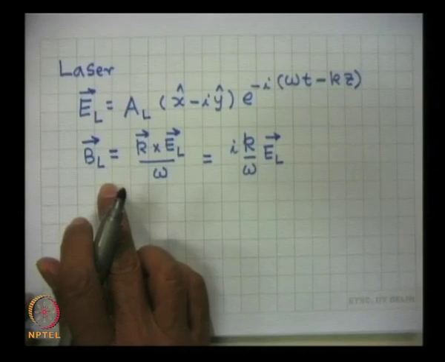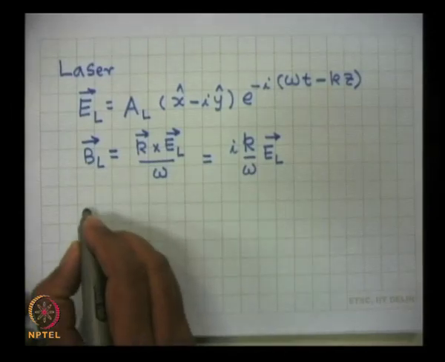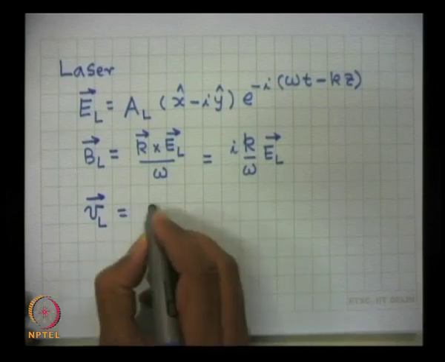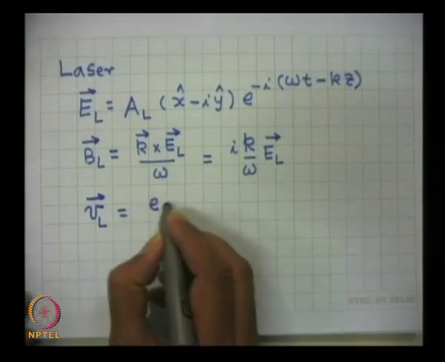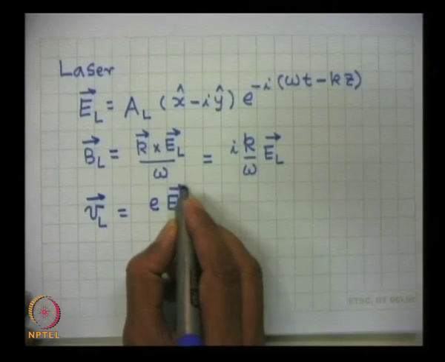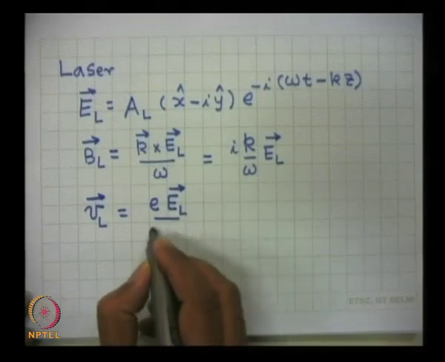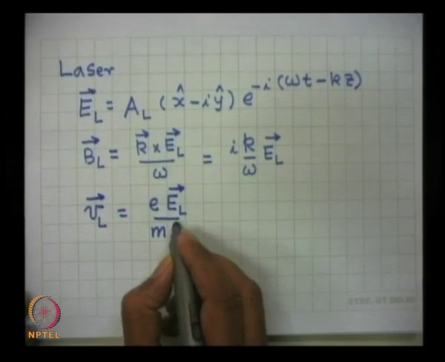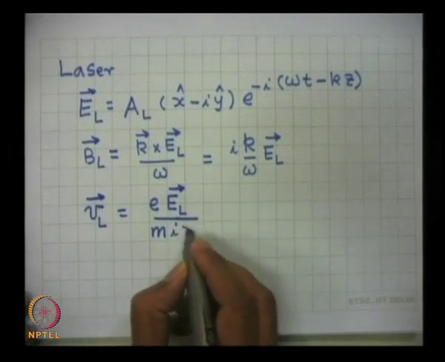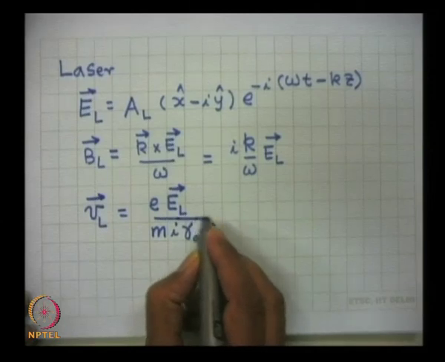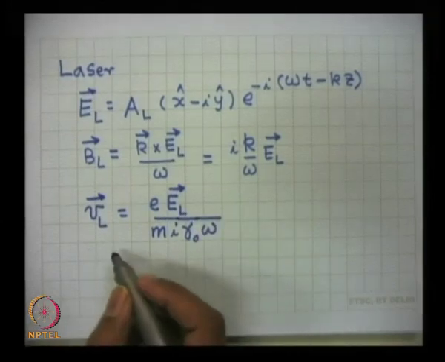It imparts an oscillatory velocity to electrons also, which turns out to be v_L, which is equal to magnitude of charge of the electron e into the laser field E_L upon m, rest mass of the electron, i gamma 0 into omega. This is the electron velocity due to the laser signal.